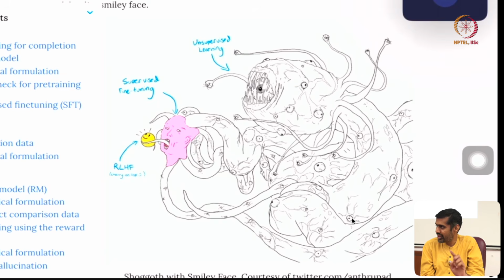So if you have ever used these LLMs, they generate two responses and ask you to choose one of them, that's exactly actually collecting data. In fact, there have been companies that have made hundreds and thousands of human beings just evaluate the responses of LLMs and use RL on top of it.